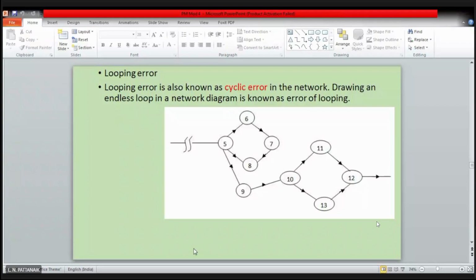or cyclic error. So look at this figure. What can you make out here? Look at the activities which are connecting the nodes 5, 6, 7, 8, right?